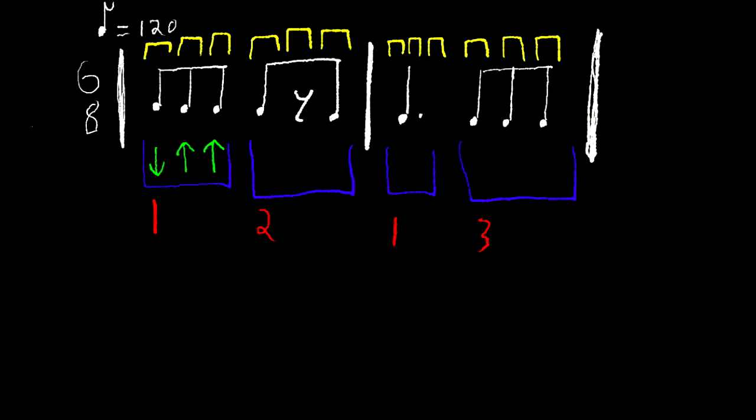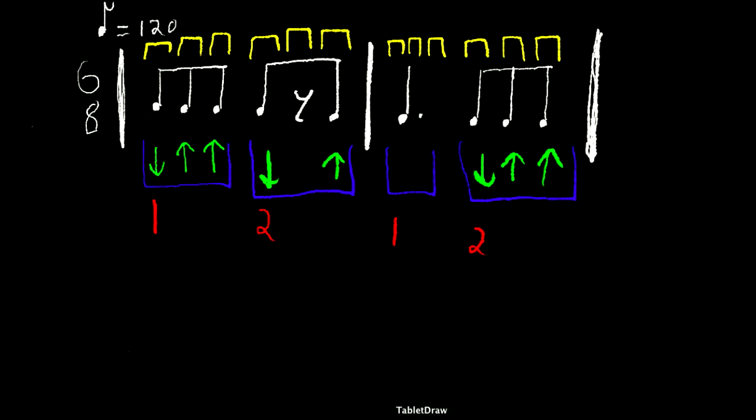Brain's not working right now. Sorry. Okay. So then in this second beat, we've got downbeat, no first upbeat, but we do have a second upbeat. And then here we've got downbeat and 2 upbeats.